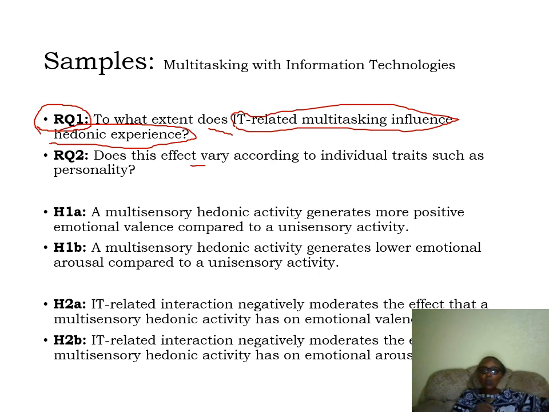Things like that. The valence is between 5, 6, 7, 8. Then when you come to a unisensory one, you may get a 5, but maybe a 4, a 3. The emotional valence is less. The positive emotional valence is much less compared to the multisensory activity.